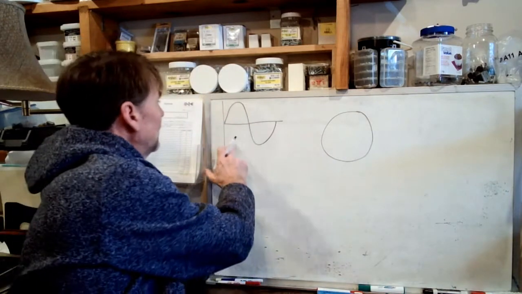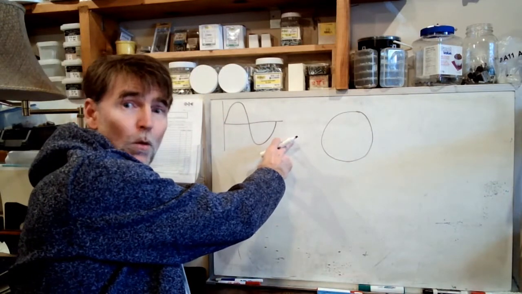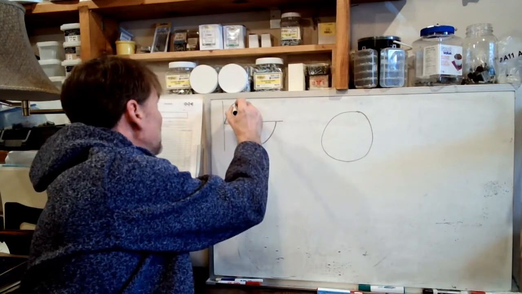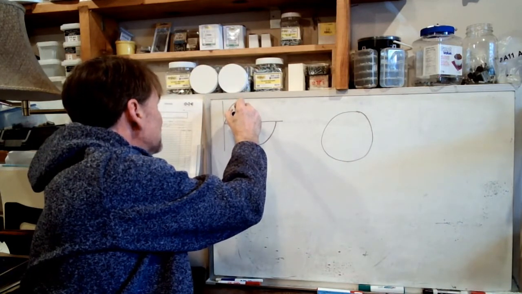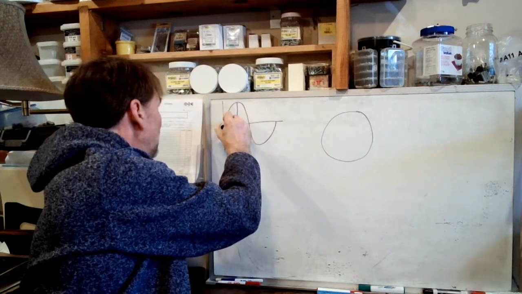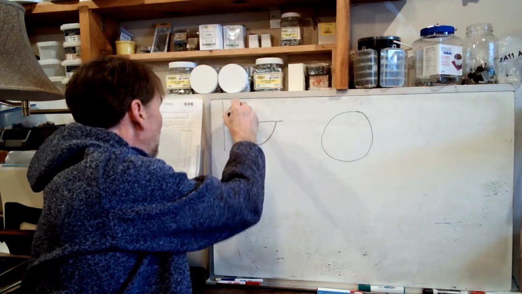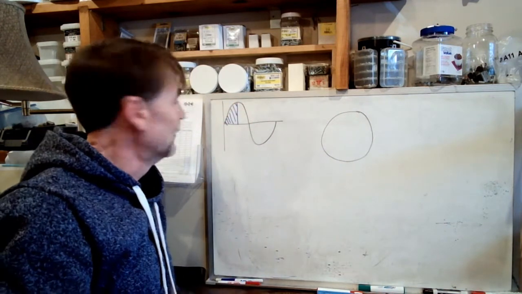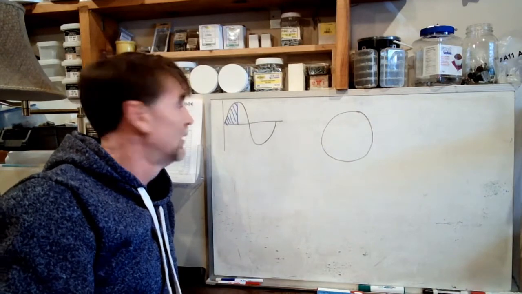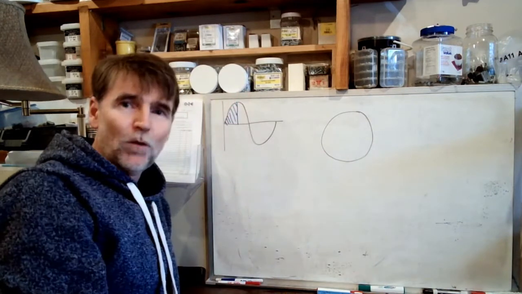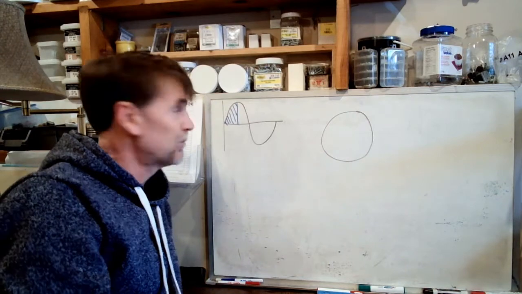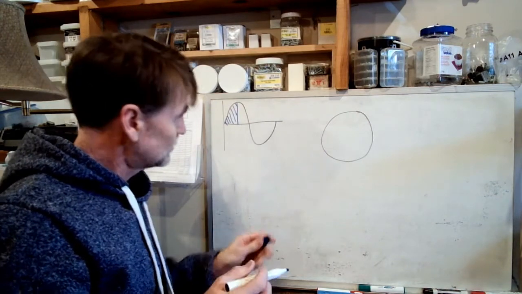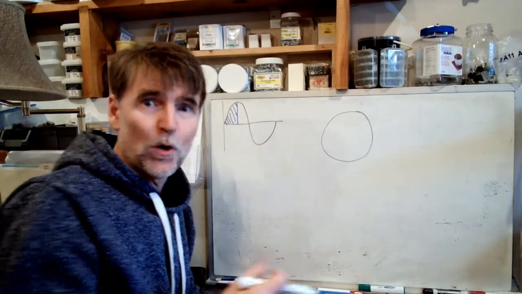Let's break our sine wave into 4 quarters. So during this first quarter, the voltage is positive and the amount of voltage is increasing. We just have to flip a coin and start somewhere.